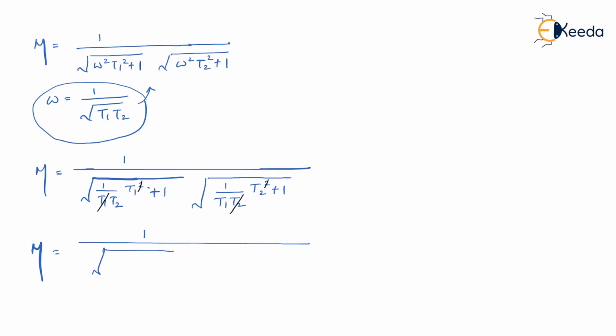So when it is t1 by t2 plus 1, I can just cross multiply and I can write t1 plus t2 divided by t2. And over here in the second, I have t2 by t1 plus 1. So I can write again t2 plus t1 divided by t1, like this. Since you are multiplying this, look at the numerator. Numerator has the same term, that is under root of t1 plus t2. In the next root also we have under root of t2 plus t1, which can be considered as t1 plus t2.